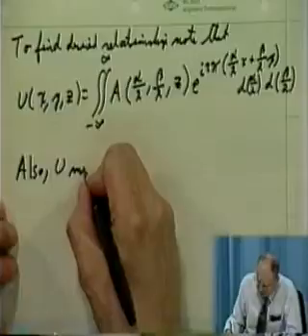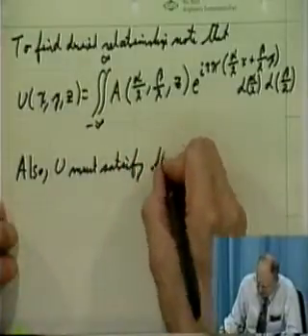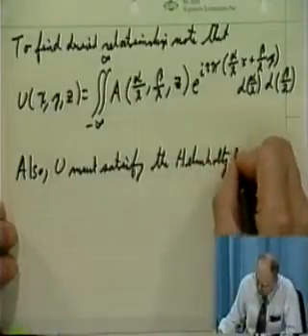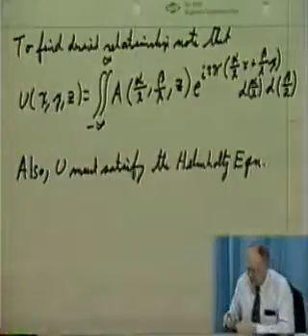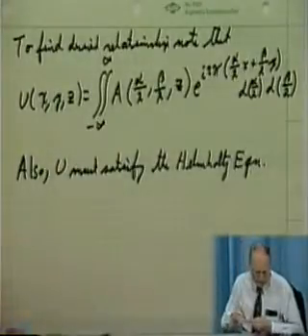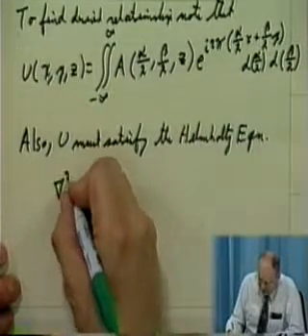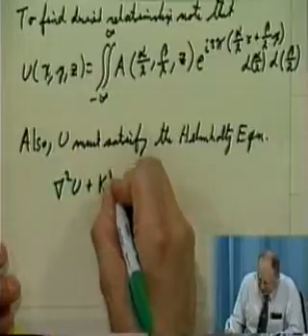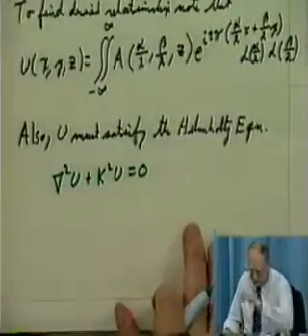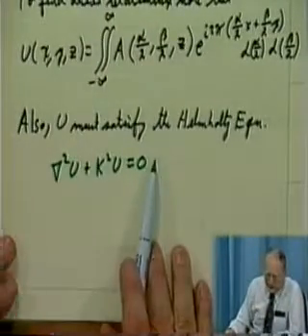u must satisfy the Helmholtz equation. And that's just del squared u plus k squared u is equal to 0. So now we will take u and plug it back into the Helmholtz equation here.